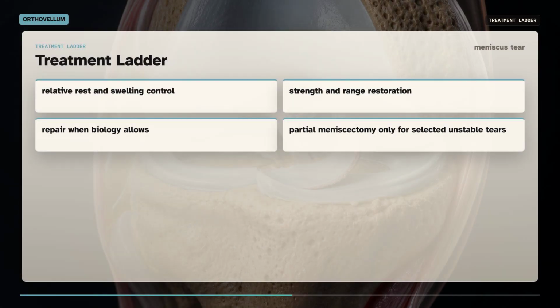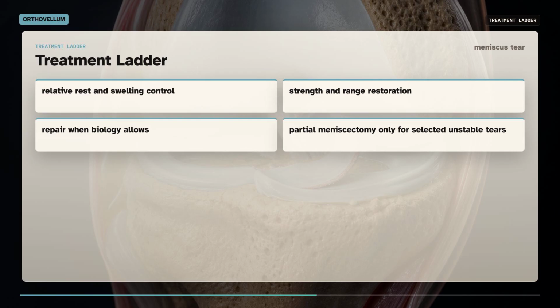Treatment is a ladder, not a reflex. For meniscus tear, the practical ladder is relative rest and swelling control, strength and range restoration, repair when biology allows, and partial meniscectomy only for selected unstable tears. The first steps usually try to calm the painful system and rebuild capacity.